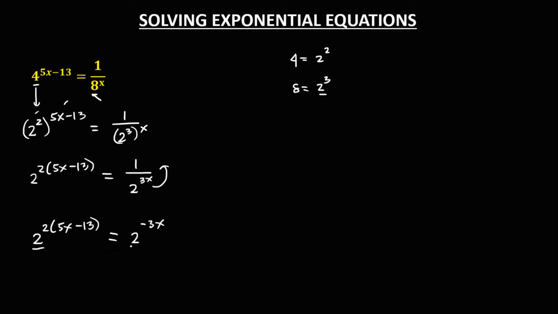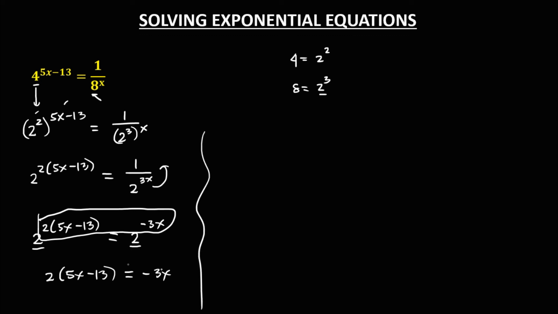Then since the same base, so we can equate now these two exponents. So we have 2 times 5x minus 13 then equals negative 3x. Then simplify, so 2 times 5x, that's 10x. Then 2 times negative 13, that's negative 26, equals negative 3x.